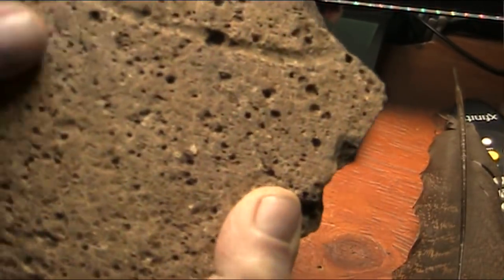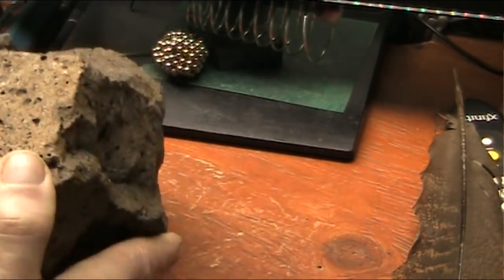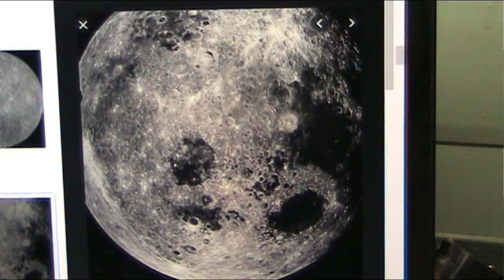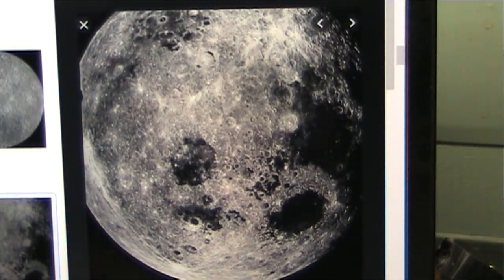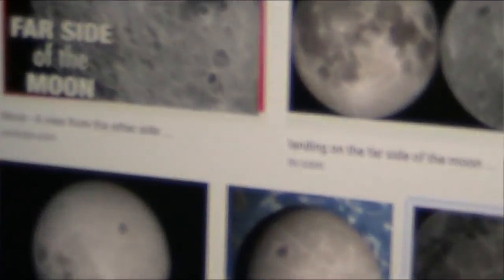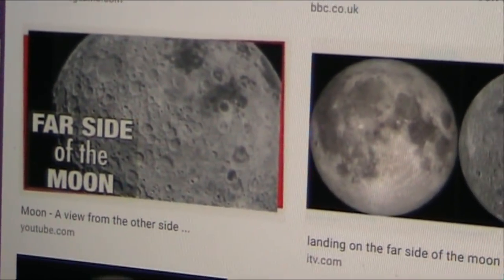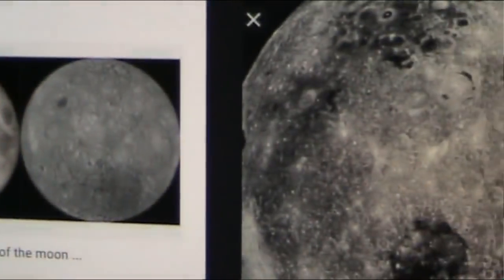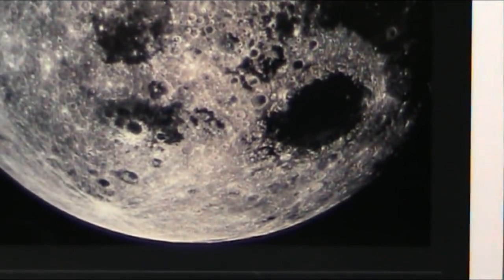But I am saying that these are exactly the same thing you see on the moon, like over there, the far side of the moon. That's what we're going to be looking at, because I believe that's where we're going to find our most interesting feature that indicates a biology.